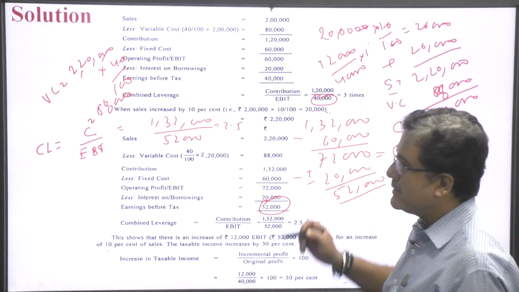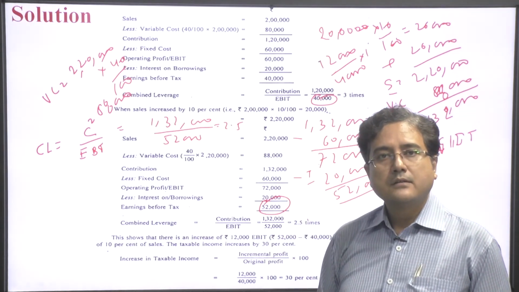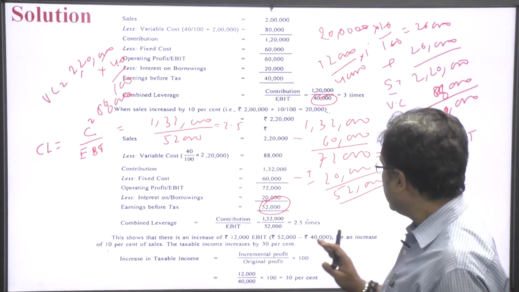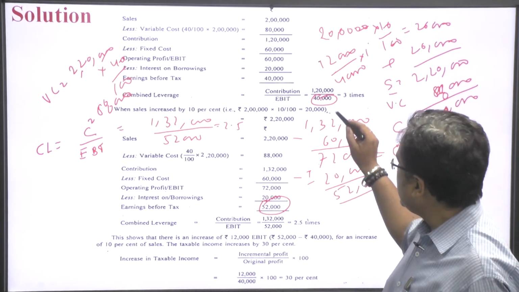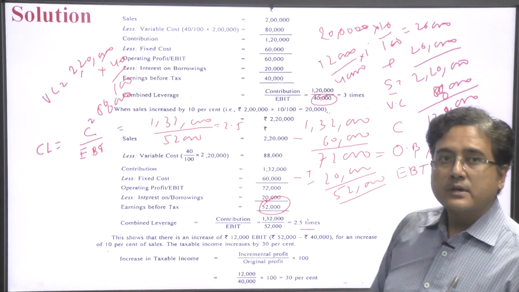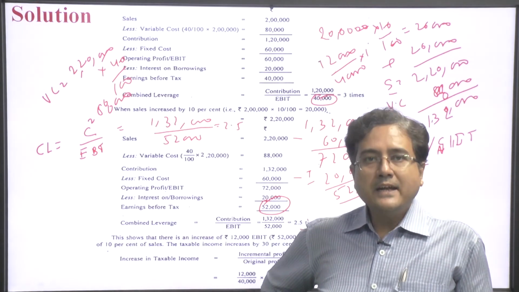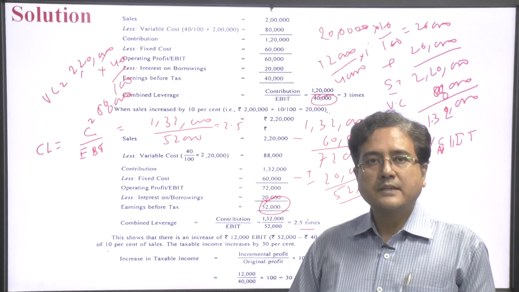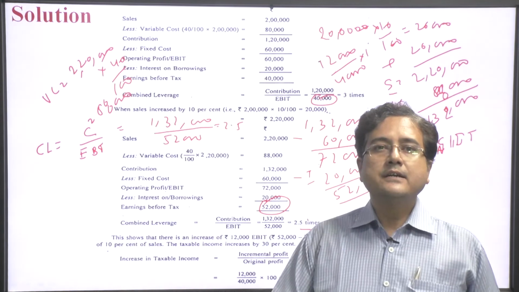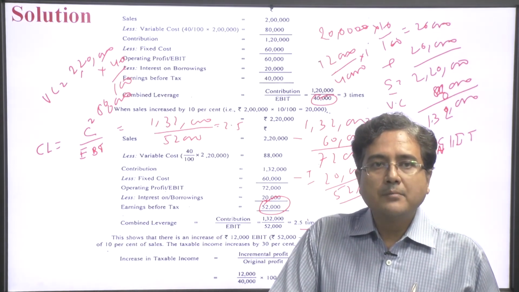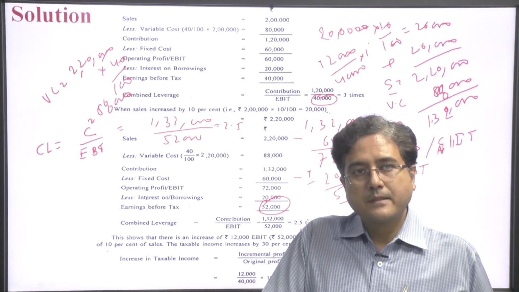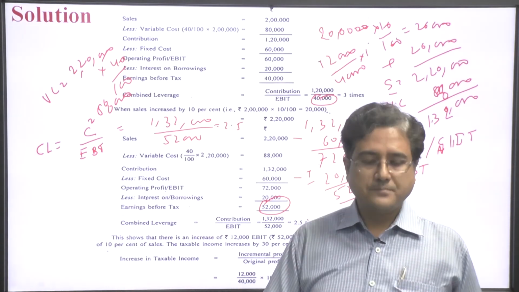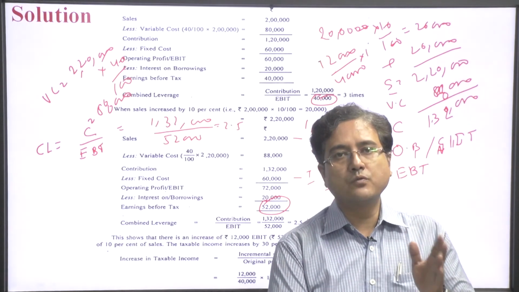So, taxable income increased by 30%. Initially the degree of leverage was 3 and now it is 2.5. So, it is quite clear that a 10% increase in sales increases the taxable income by 30%. So, this is proof.